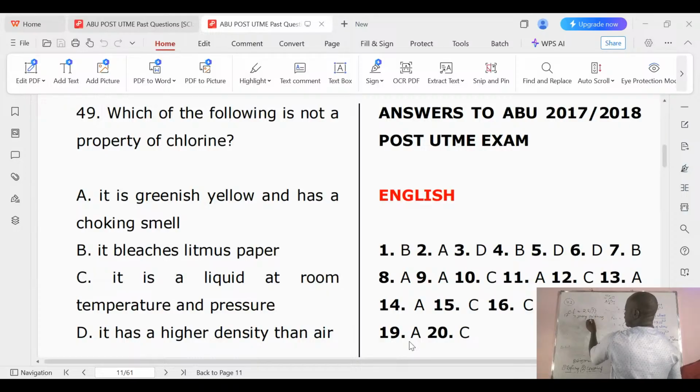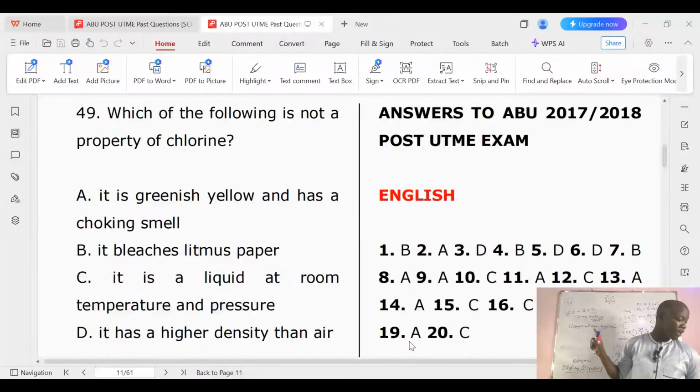So one, chlorine is a strong oxidizing agent, and two, it is gaseous at room temperature.